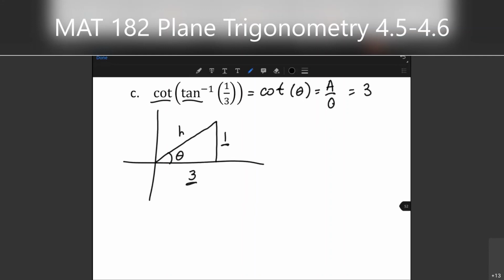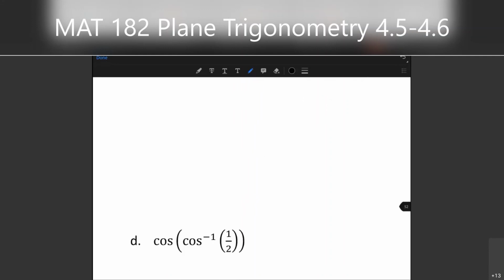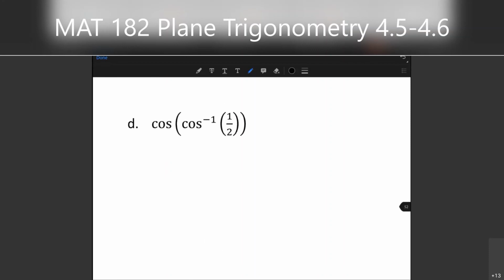A couple others that you might see would be the same function, cosine of cosine inverse of 1/2. Well, if you get this cosine of cosine inverse of 1/2, this would just be 1/2, because we're really taking the inverse of the cosine. So we just get back to that same ratio that we started with if we have a nested cosine of cosine inverse.